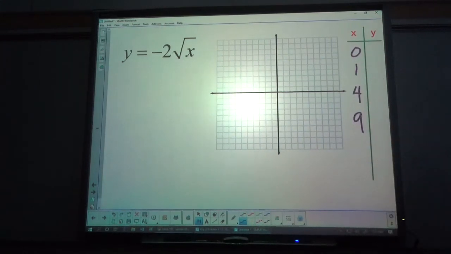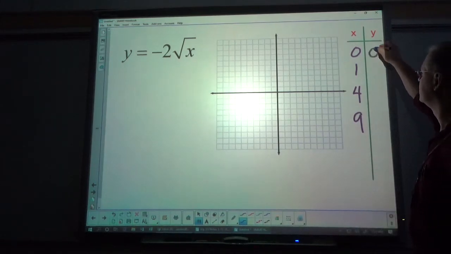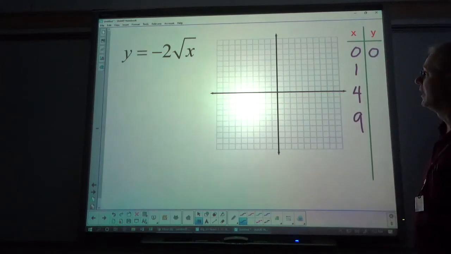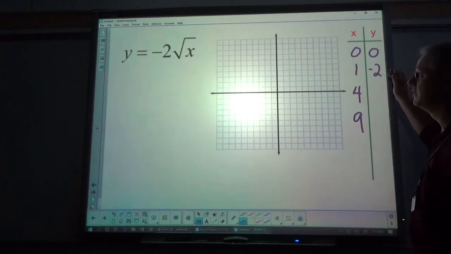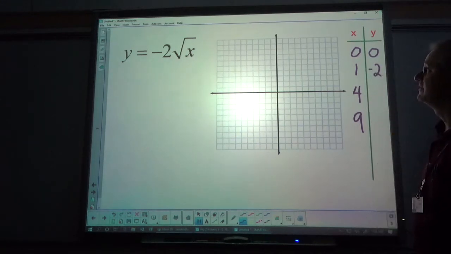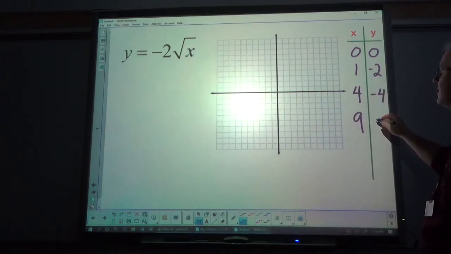And those are the ones that are going to fit on my graph. If I put 0 in, I get 0 times negative 2 is still 0. 1, square rooted is 1 times negative 2 is negative 2. 4 square rooted is 2 times negative 2 is negative 4. 9 square rooted is 3 times negative 2 is negative 6.